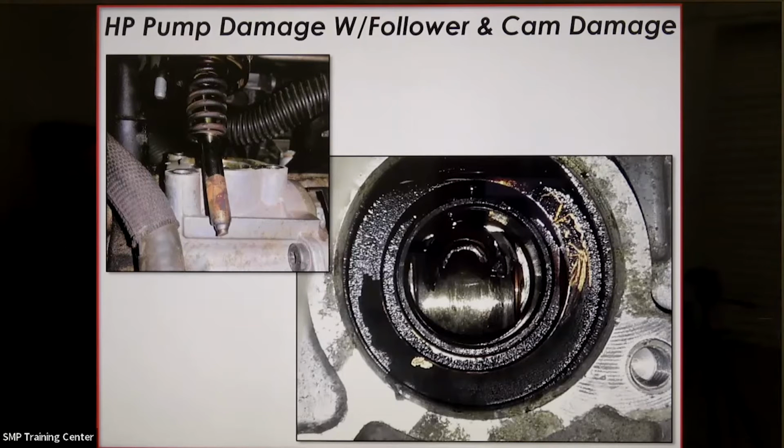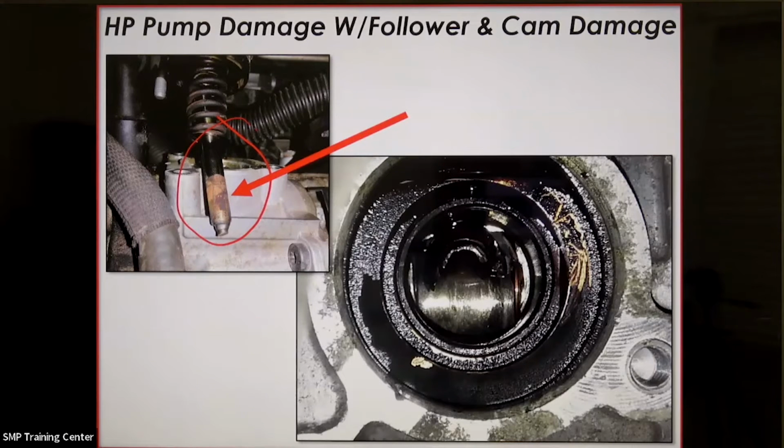Here's an example from a 2007 VW Passat with low engine power, along with very low fuel pressure. When the technician removed the high pressure pump, you can see that the push rod is actually broken, and the end of it is damaged.